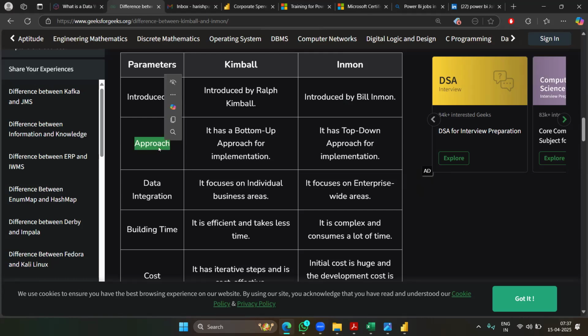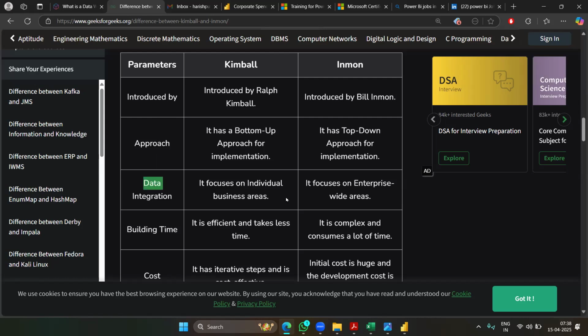Now, the Kimball approach is a bottom-up approach. We start with each individual business line, and then we go to the top level. Inmon is a top-down approach. We build things from the enterprise level, and then give a copy to each business department.